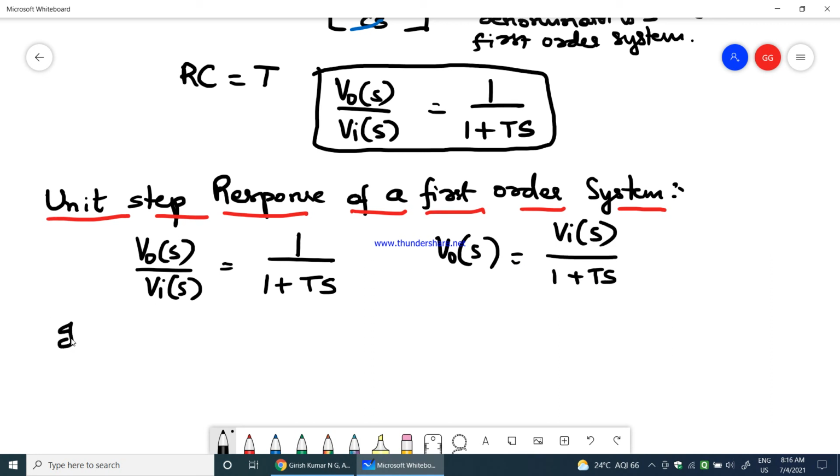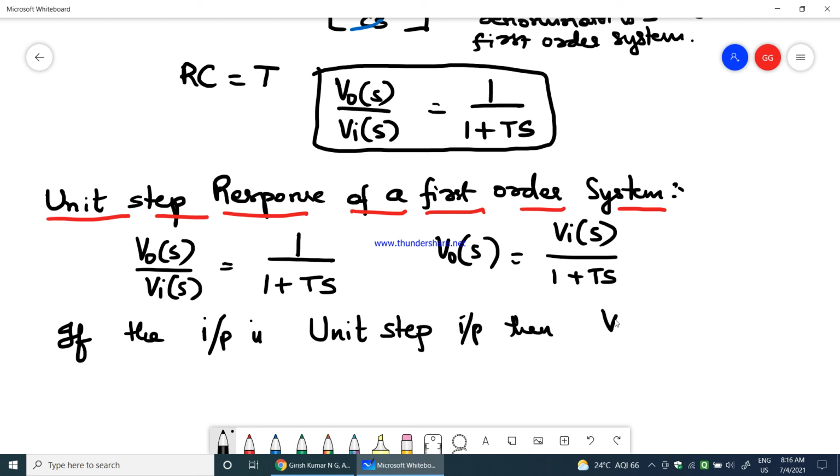Now if the input is unit step input, then V in of S would be equal to 1 by S. This we have seen in the definition of step input when we covered different standard inputs video.